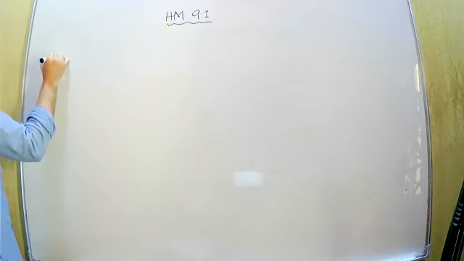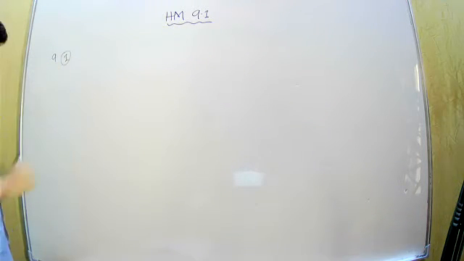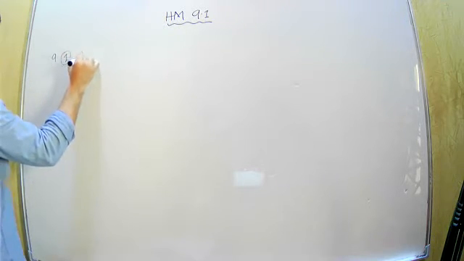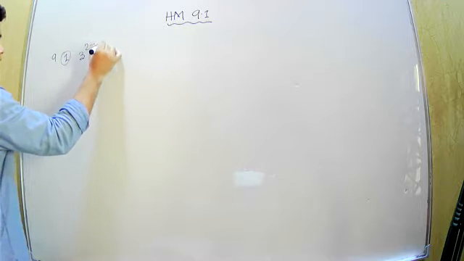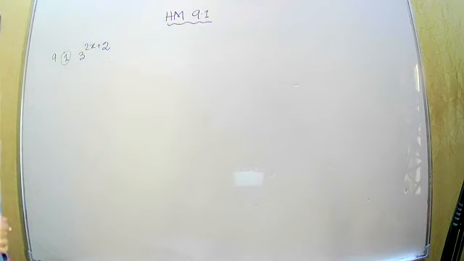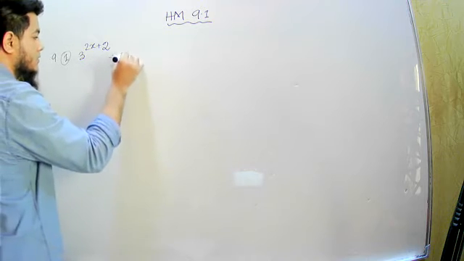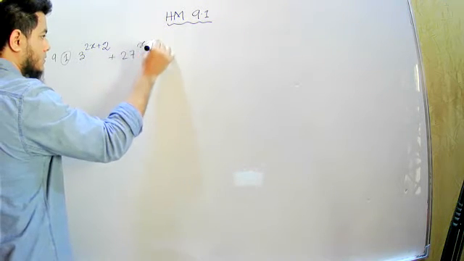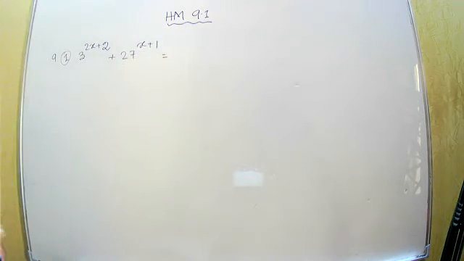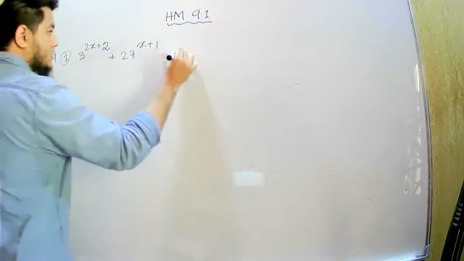This exercise 9.1. So what does it say? 3 to the power 2x plus 2 into, no, plus 27 to the power x plus 1 is equal to 36.